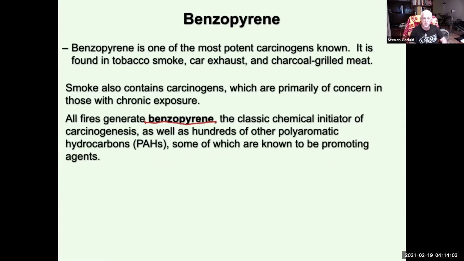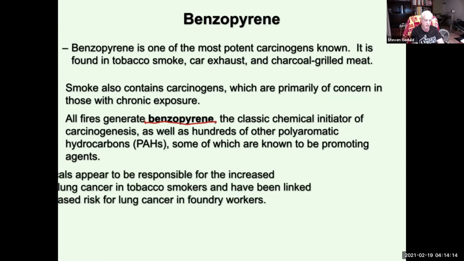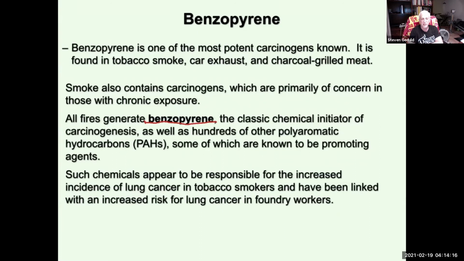It's a classical chemical initiator of carcinogenesis, as well as hundreds of other polycyclic aromatic hydrocarbons, some of which are known to be promoting agents, to promote genetic defects. These chemicals are responsible for the increased incidence of lung cancer in tobacco smokers and have been linked with an increased risk for lung cancer in foundry workers where there's smoke. Inhaling smoke from any cause can contain these benzopyrenes, which increases your chances of lung cancer.